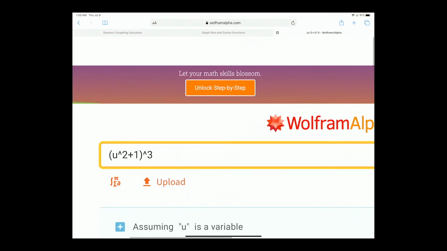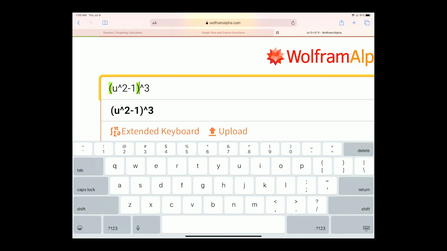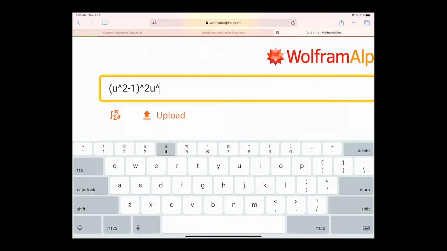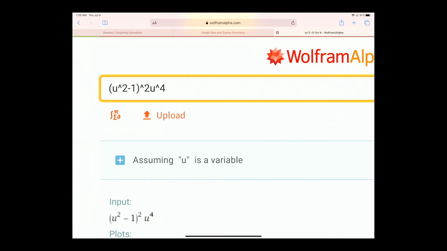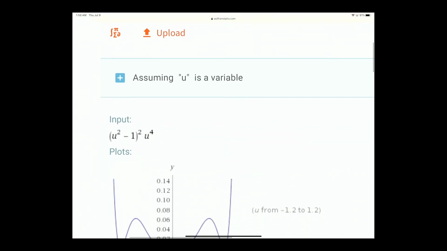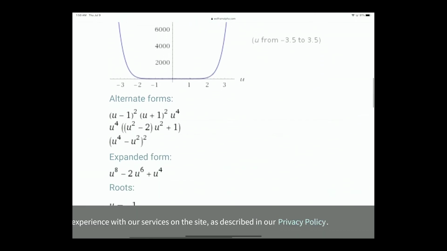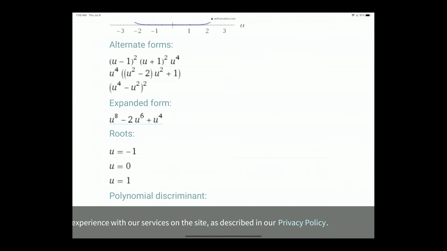So you come up here, it's u squared minus 1, squared, and then we had another u to the fourth. I don't know if it'll understand this correctly. Let's see. Yeah. Is that right? U squared minus 1 squared u to the fourth? And if it is, it's u to the 8th minus 2u to the 6th plus u to the fourth.